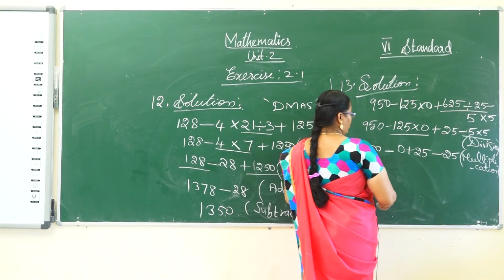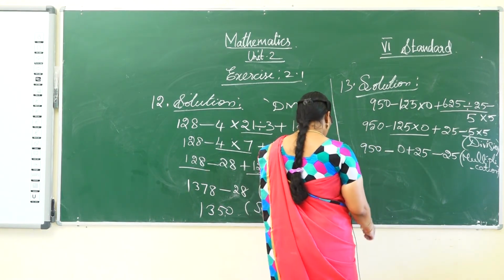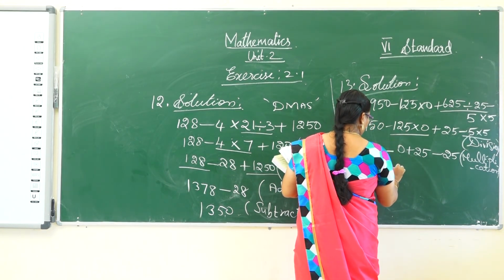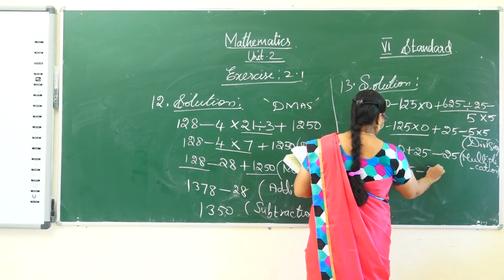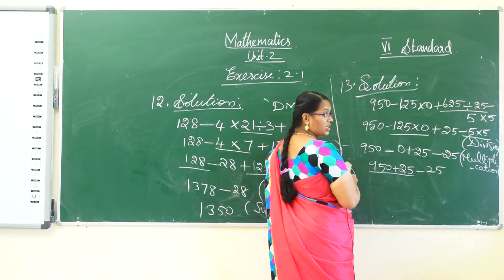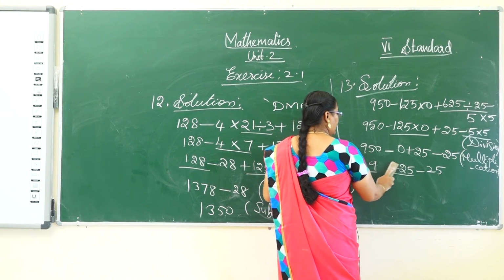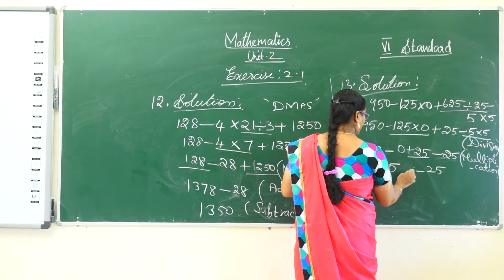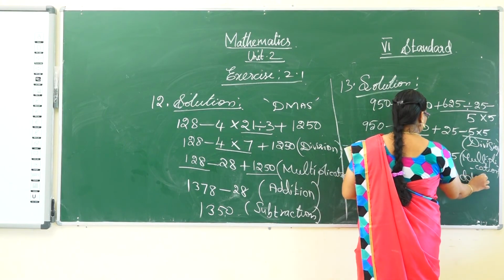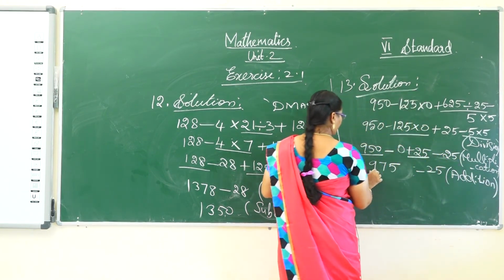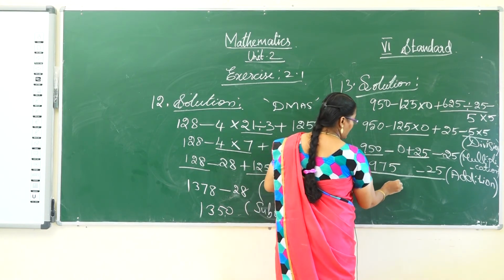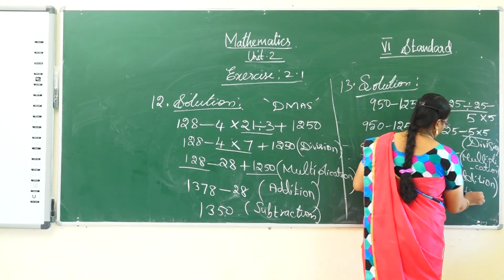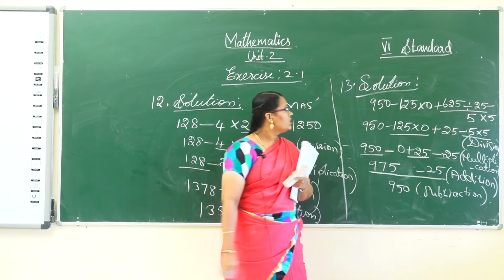Next preference to addition: 950 plus 25 is 975. Now subtract: 975 minus 25 is 950. So the answer for this sum is 950.